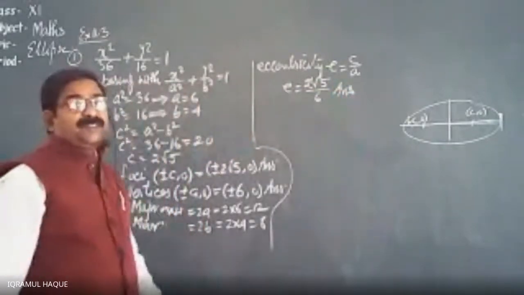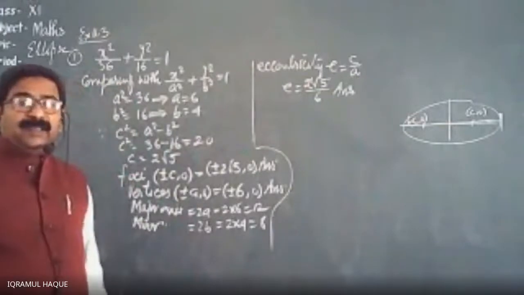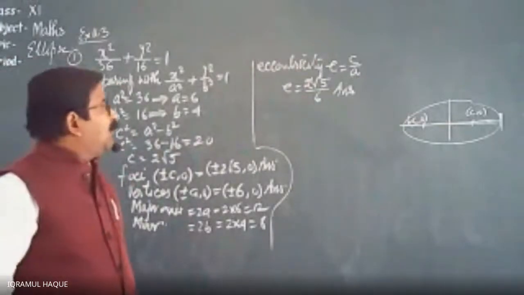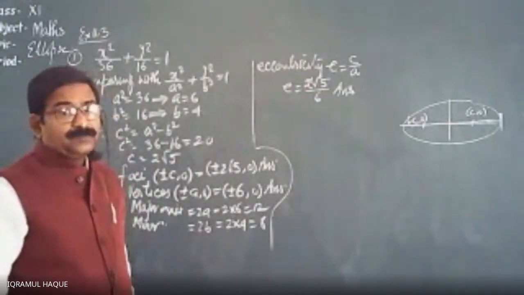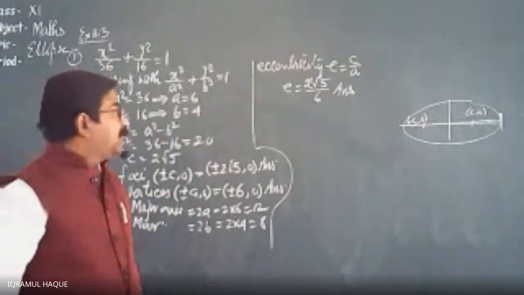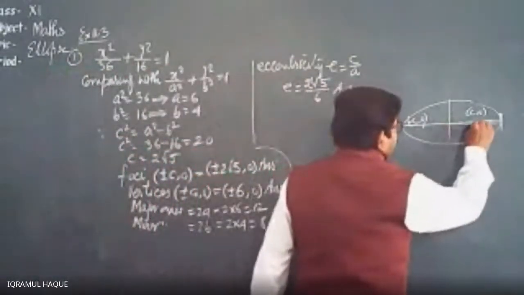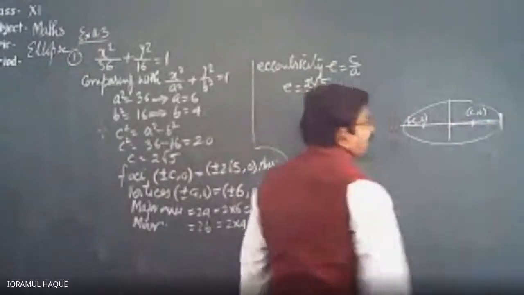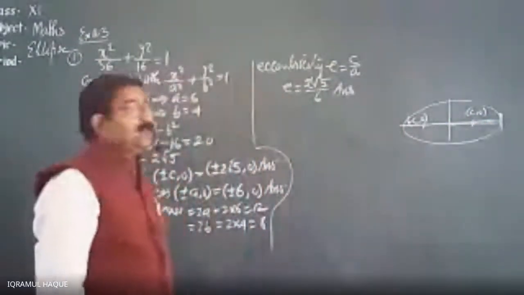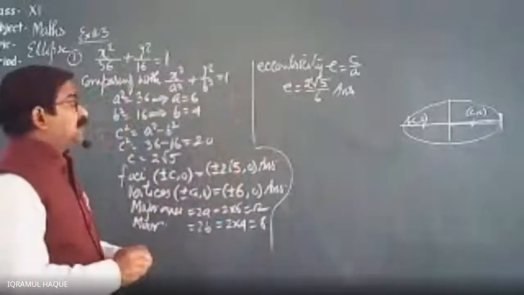Now one checkpoint: eccentricity is always less than 1. Why? Because the length of c is less than the length of a. So this is why it is less than 1.